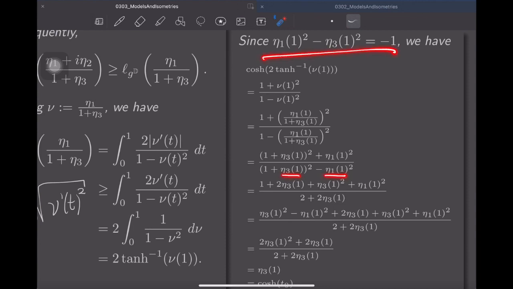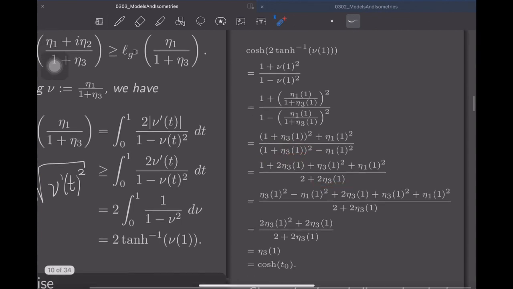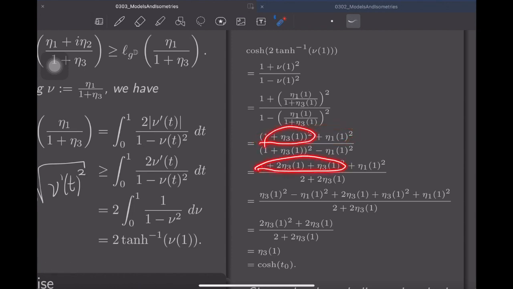Yeah. Okay, and that 1 plus this other one is 2. Right? And then this other 2 comes from, you see, it's because in this square I have 2 times this. Okay. Now in the numerator, I just develop the whole square, so it's here.